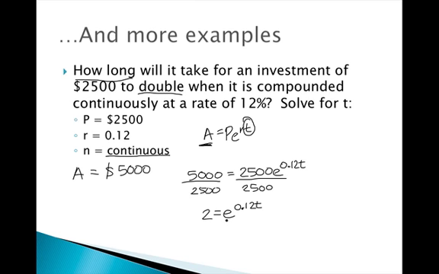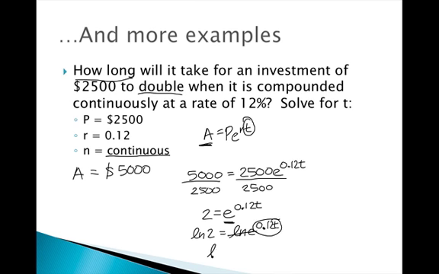Okay, so now we have an exponential equation. So we're going to take the natural log of both sides. And the reason for that is because our exponential equation has a base of e. So we get natural log of 2 equals natural log of e to the 0.12 t. So remember, natural log of e cancels, and we're just left with our exponent.